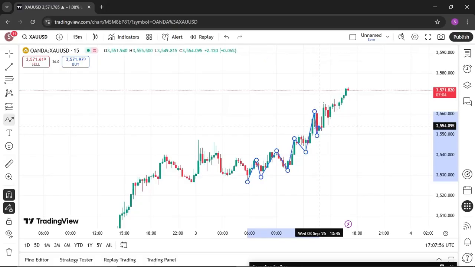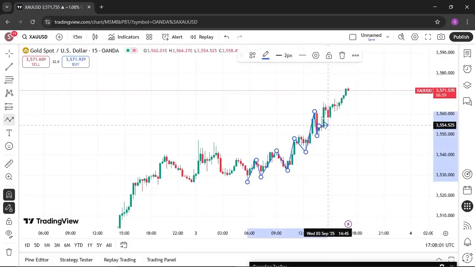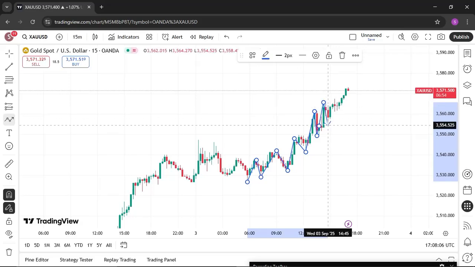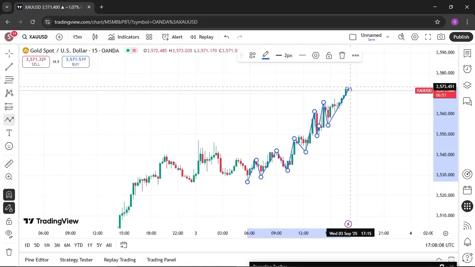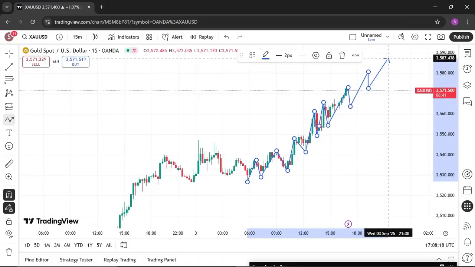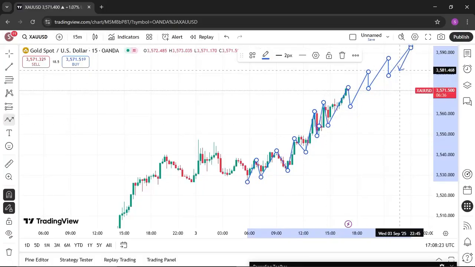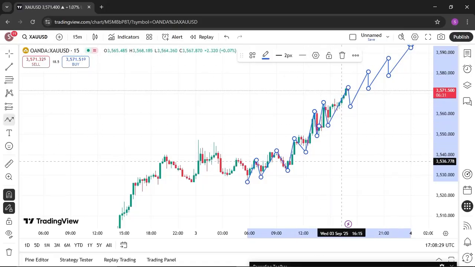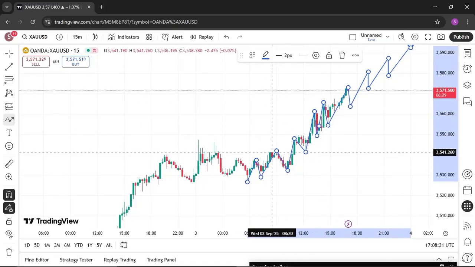This point to this point, and now the market is here. So we are expecting another movement probably to this point before market continues, comes back, continues, comes back, continues. So this is how you draw your chart pattern. This is how the market is moving.